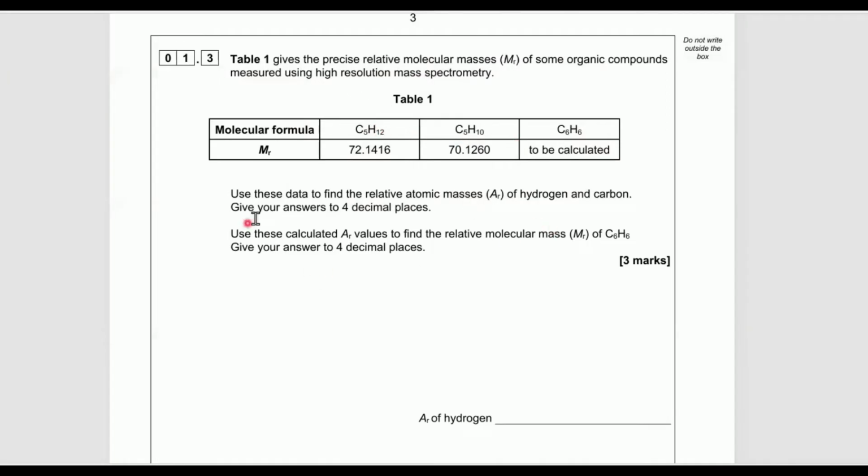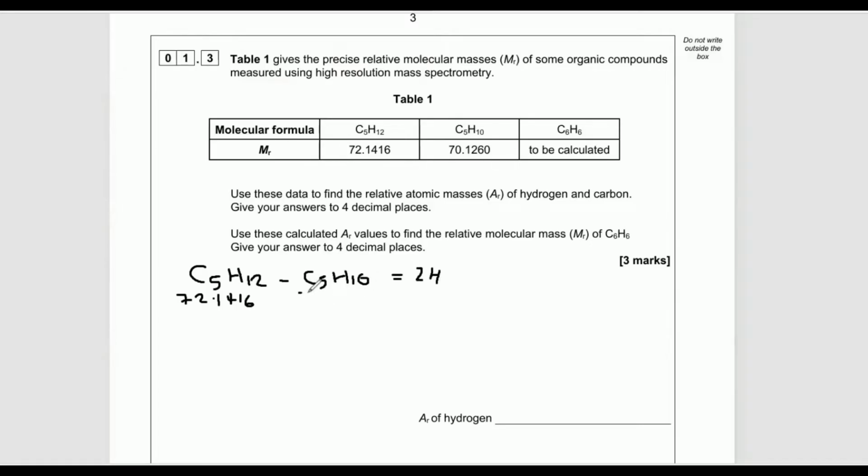Use the calculated values of the relative atomic mass of carbon and hydrogen to then work out the molecular mass of C6H6. So the table above tells us that C5H12 has an Mr of 72.1416, and we know that C5H10 is 70.1260. So all we've got to do is go C5H12 minus C5H10, which leaves 2 hydrogens.